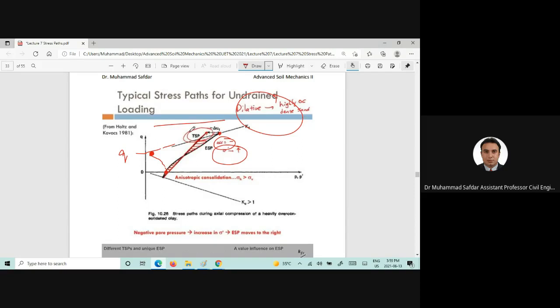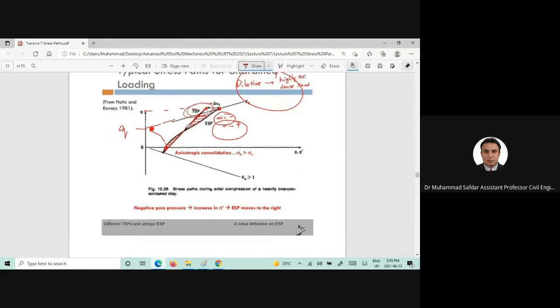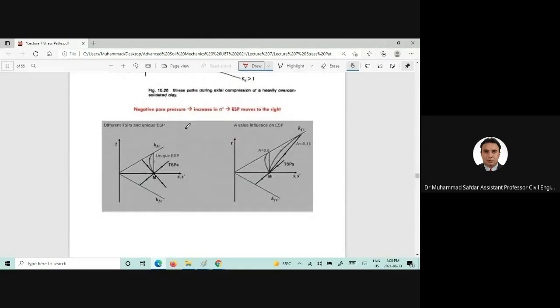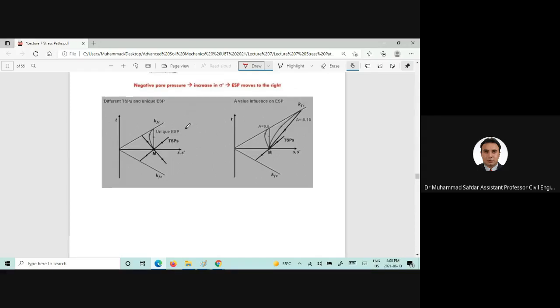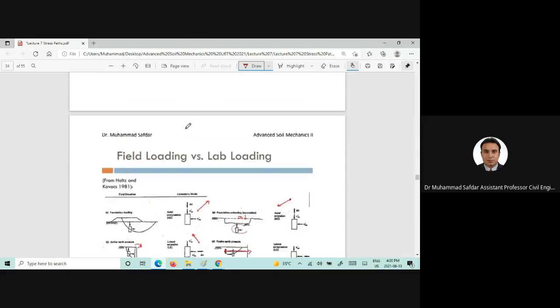But here you can see that at a much higher level of q, this over-consolidated clay or dense sand has failed or reached the critical state. Other stress paths can also be drawn at various A values or Skempton A parameters. That explanation has already been done.